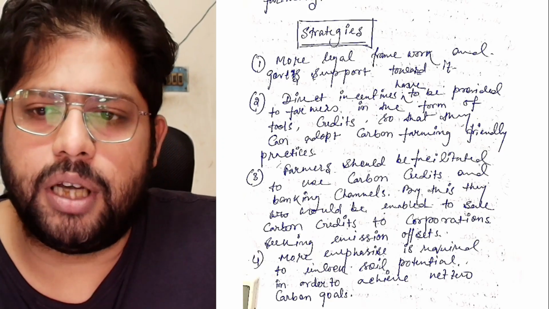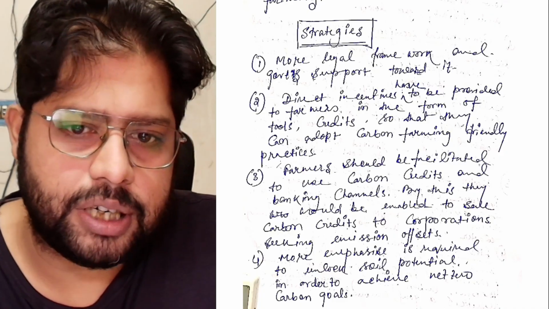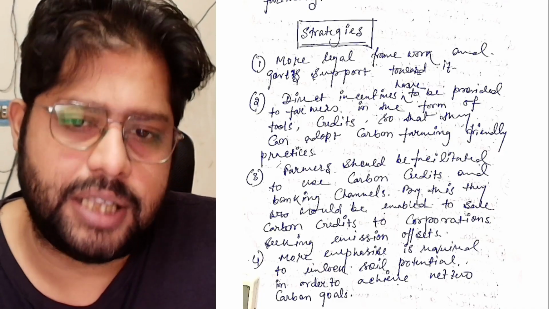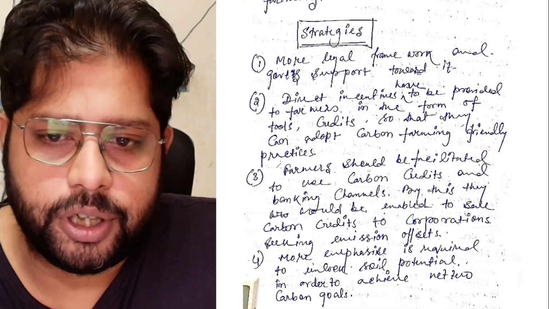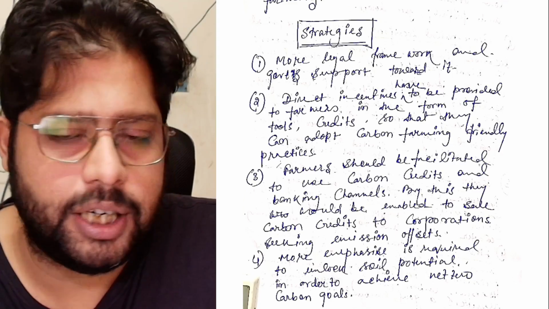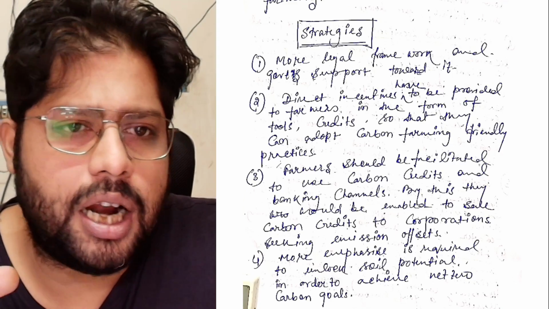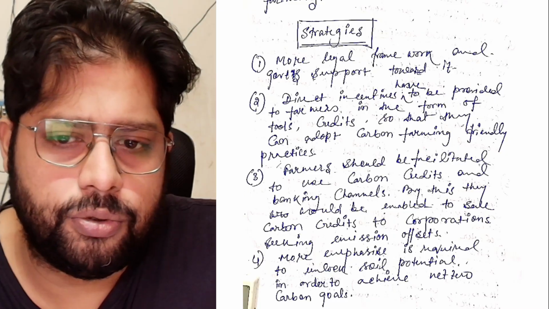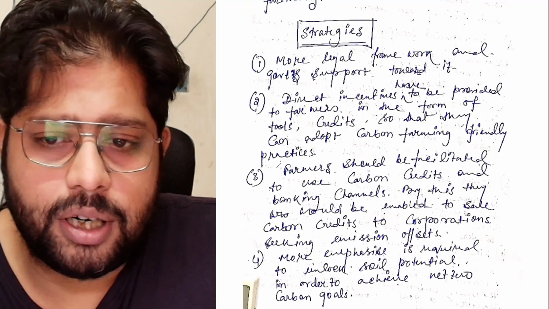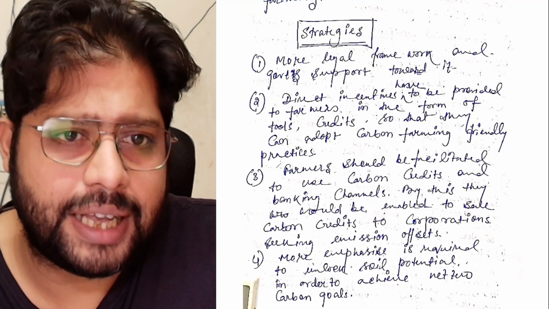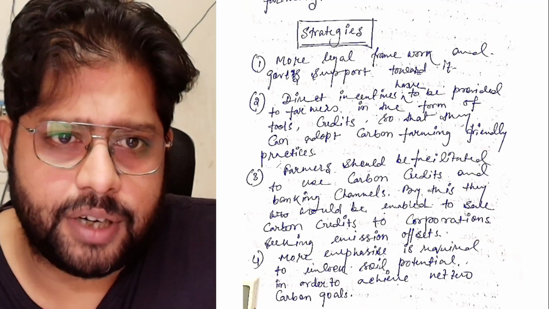Third, farmers should be facilitated to use carbon credits and banking channels. By this they would be enabled to sell carbon credits to corporations seeking emission offsets. I have already discussed earlier that there are a lot of corporations and industries which seek carbon emission offsets because they are exceeding their capacity of carbon emission.